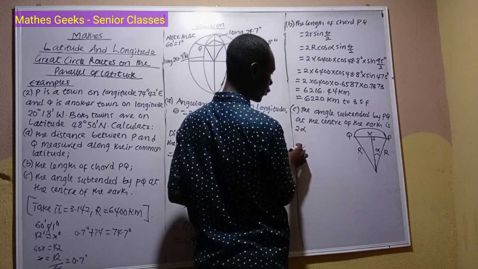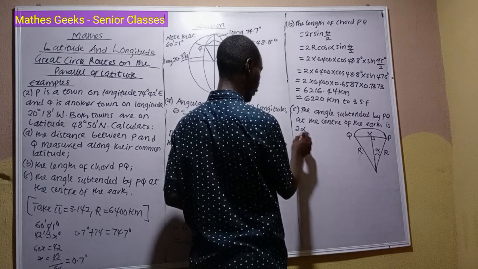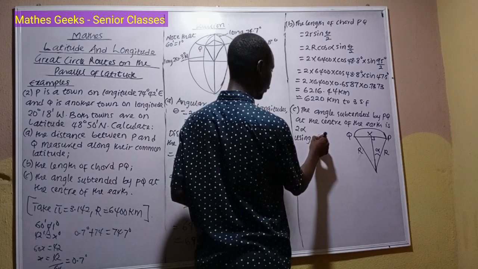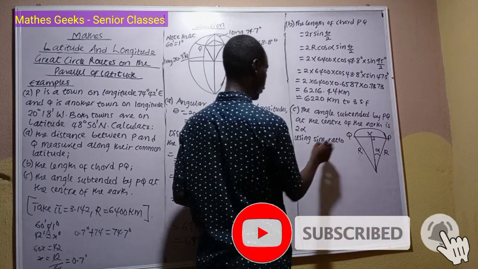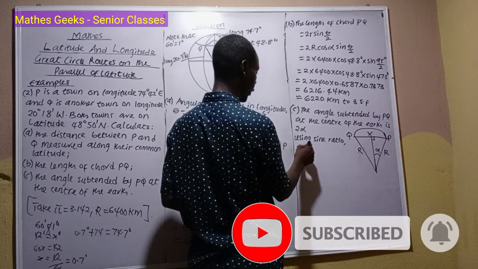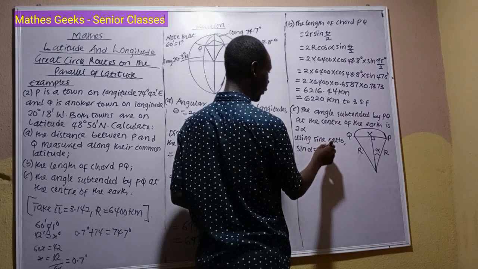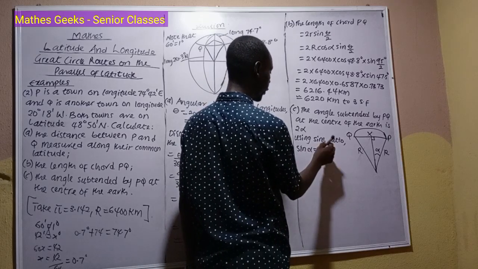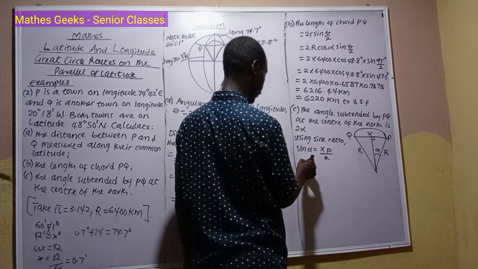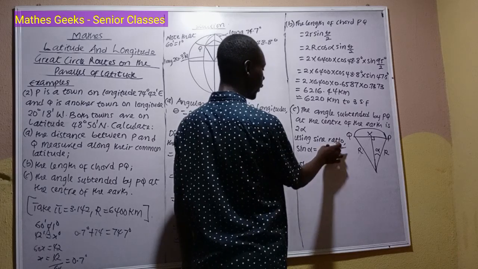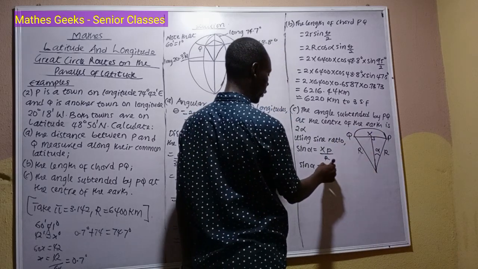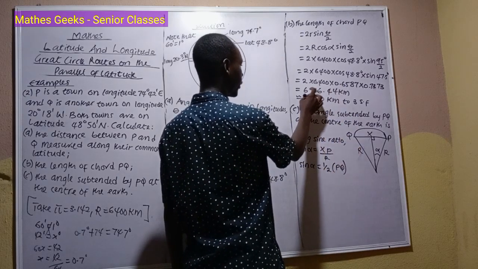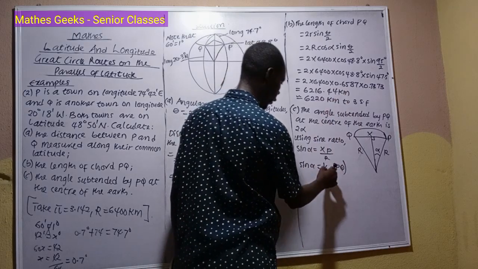So to get angle 2 alpha, using sine ratio, sine alpha is equal to XP over R. XP is half the length of PQ, and PQ is the chord of which the length is 6216.44.